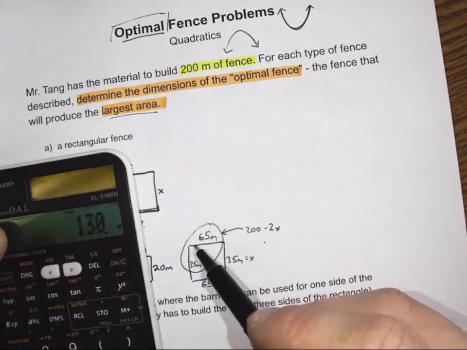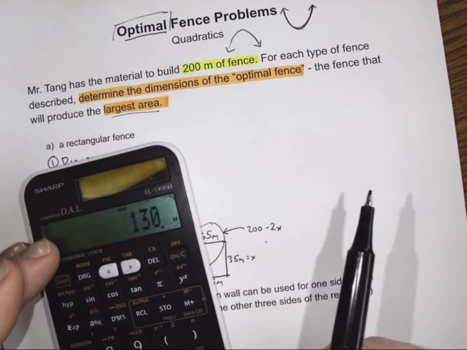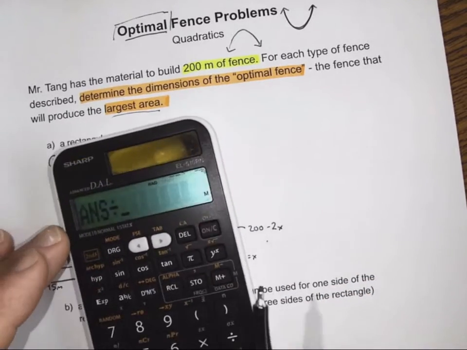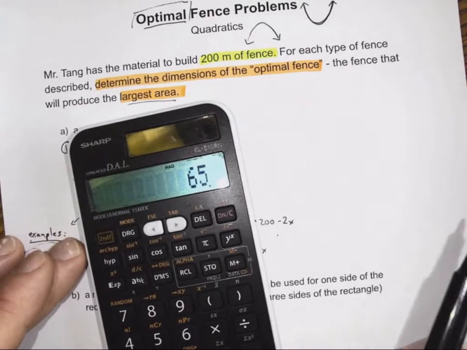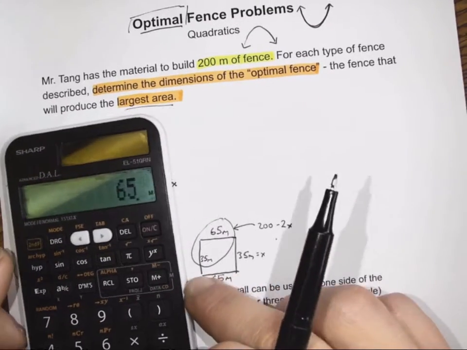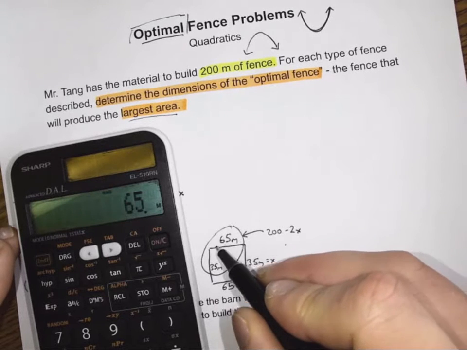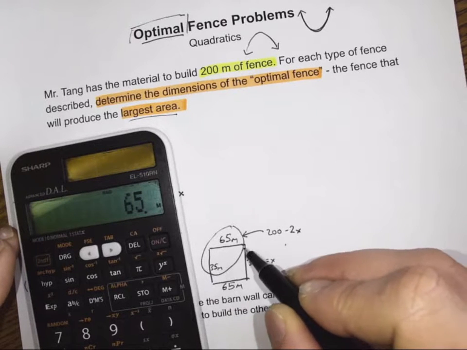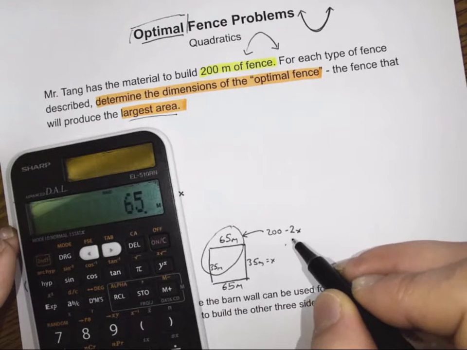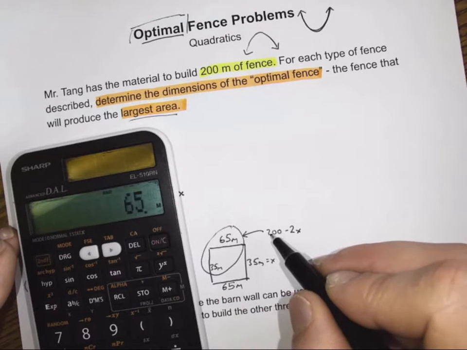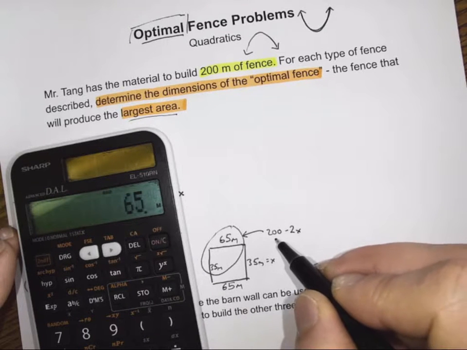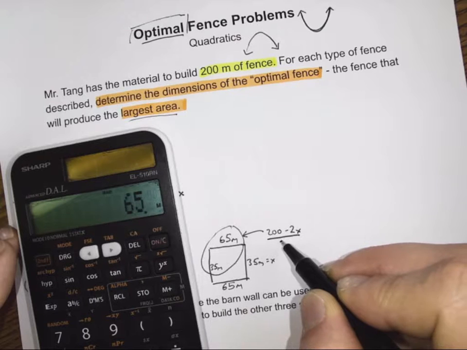However, we need to remember that that side wasn't 130. We then had to divide it by 2 when we were finished to get the number 65. So actually, the general process of finding this side length is we take this height here of 35 meters, and then we would say 200 take away twice that value, and we divide it by 2.